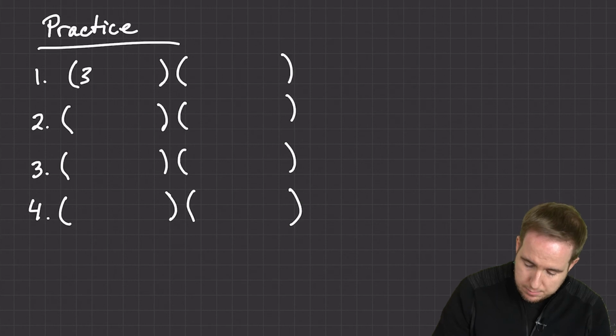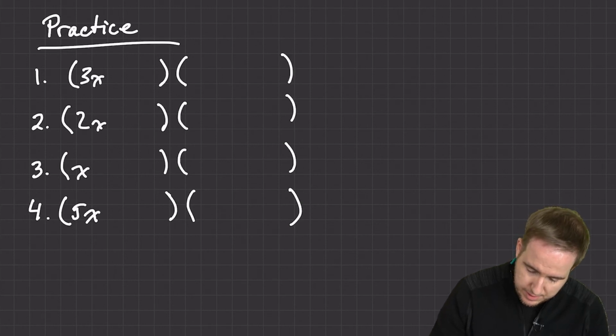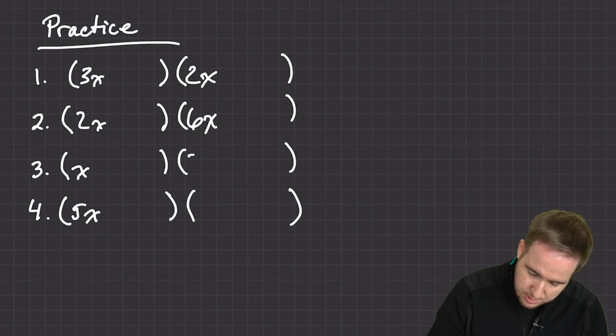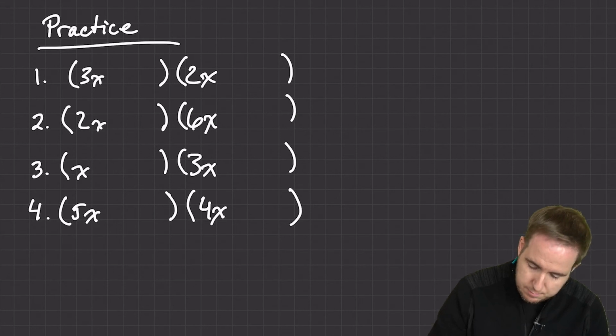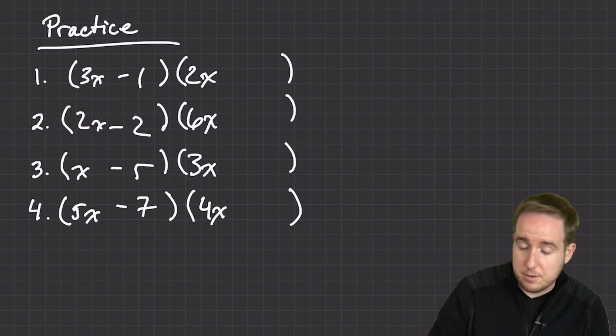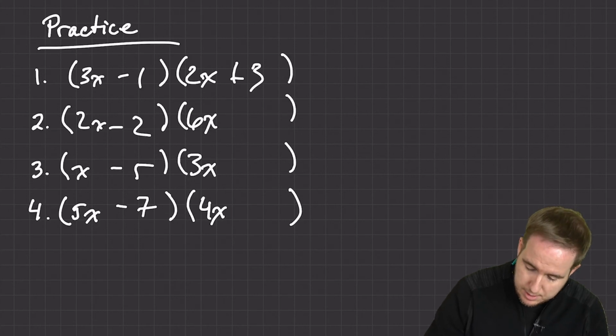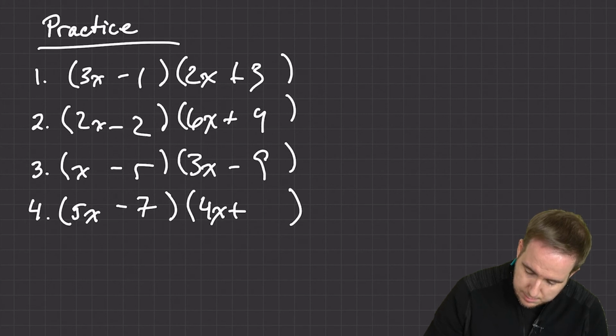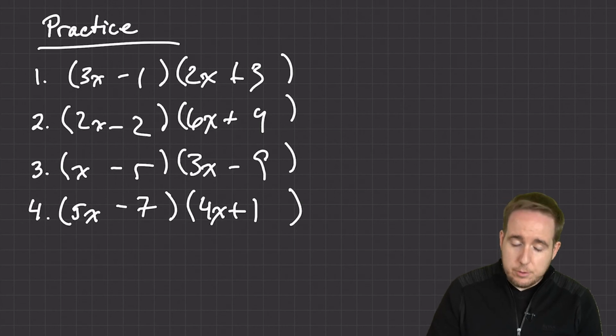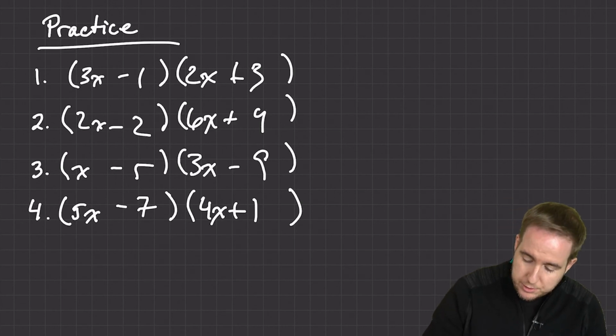So 3x, 2x, x, 5x, 2x, 6x, 3x, 4x, minus 1, minus 2, minus 5, minus 7, whatever numbers you want, plus 3, plus 4, minus 9, plus 1.